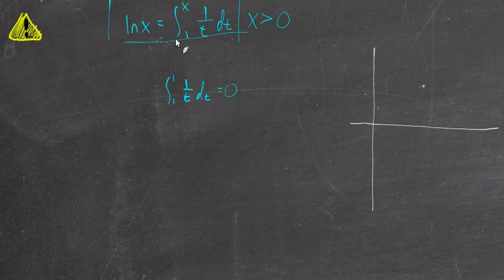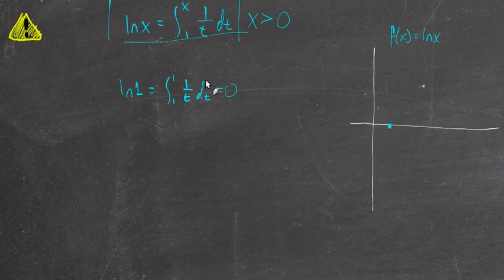So when x is 1, the natural log of 1 would be the definite integral from 1 to 1, which would be 0. If f of x equals the natural log of x, then f of 1 is 0. So we know that this thing goes through the point 1, 0.